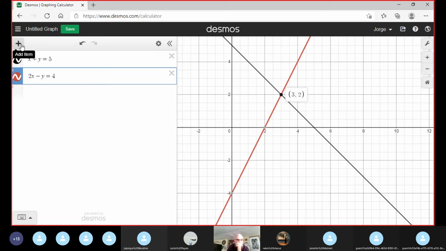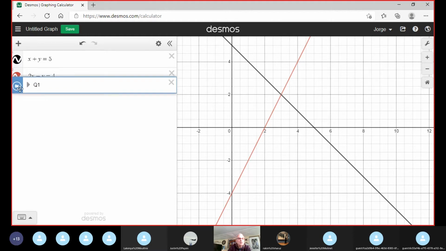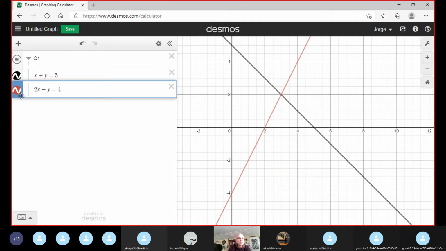You click on the plus sign, select folder. I put the name, question 1, 1101, and you put inside, you can drag this if you want, this equation and this equation. It's super easy.